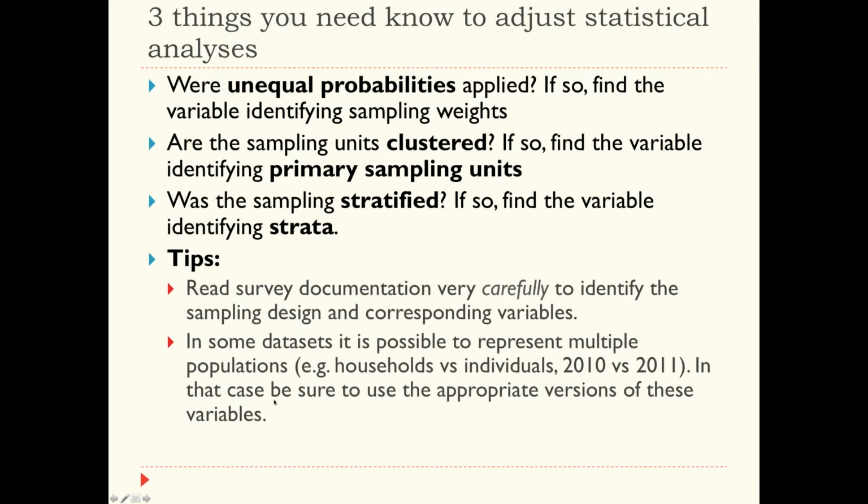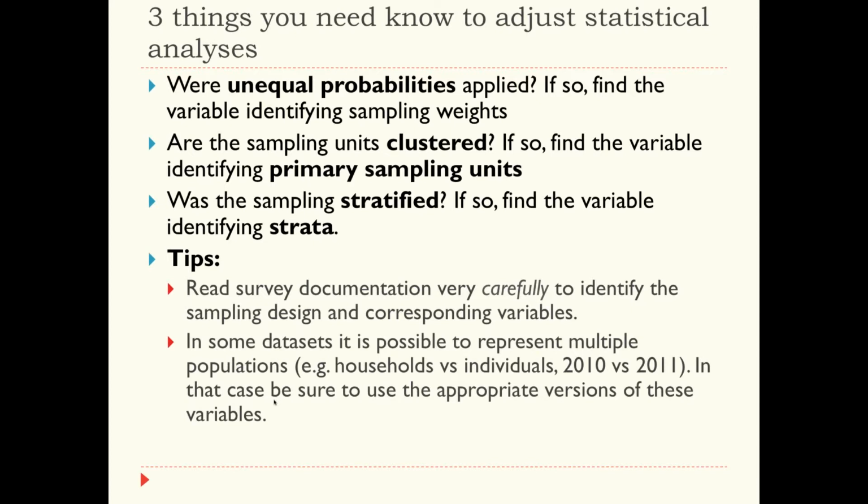One other thing I want to mention is that where people get confused about sampling is sometimes data sets have multiple sampling weights. And that will be because some complicated data sets, especially those that are carried out over time or across multiple populations, will have separate sets of weights for different subpopulations within that broader data set.